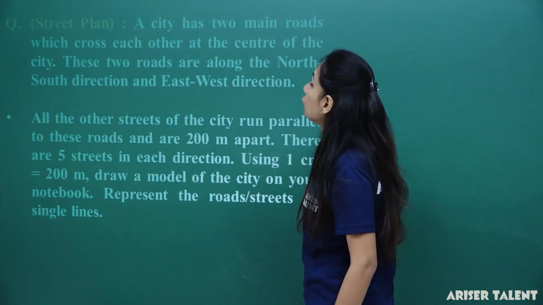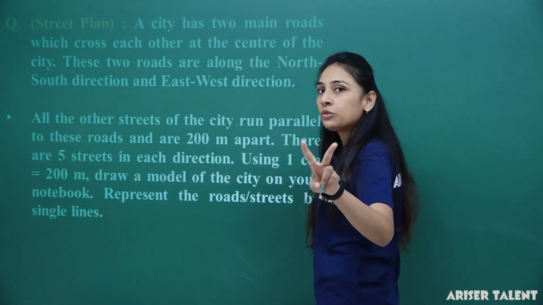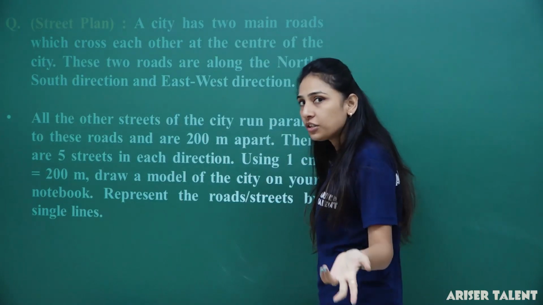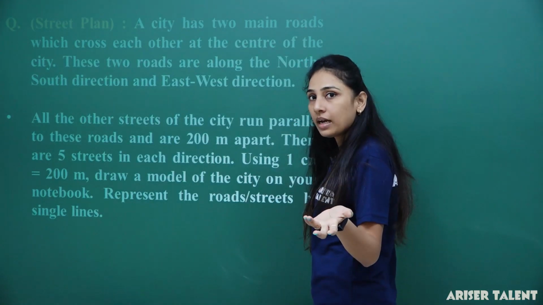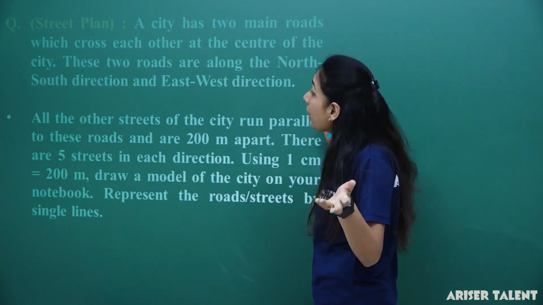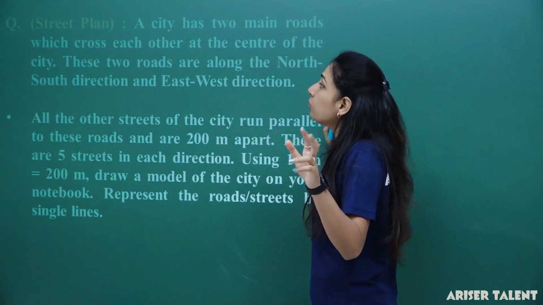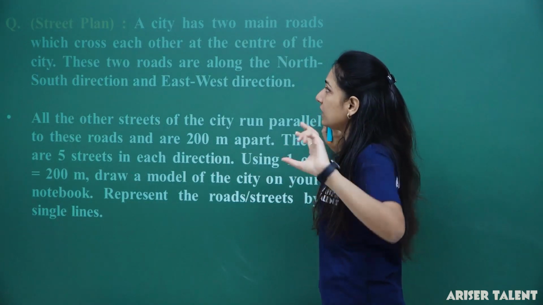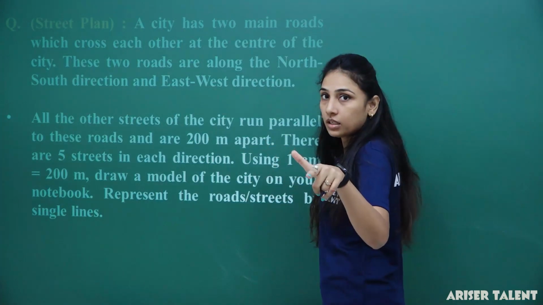A city has two main roads. In your city, which city are you in? In which city are your lectures going on? Tell me. Now, a city has two main roads which cross each other at the center of the city.